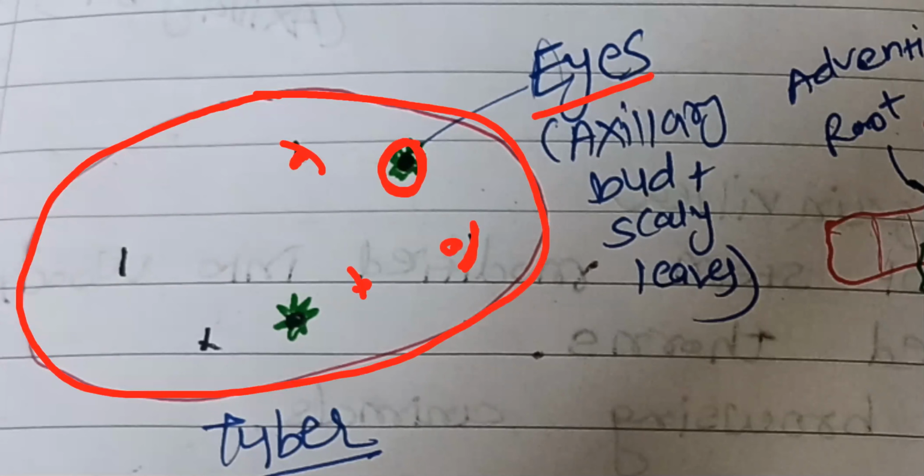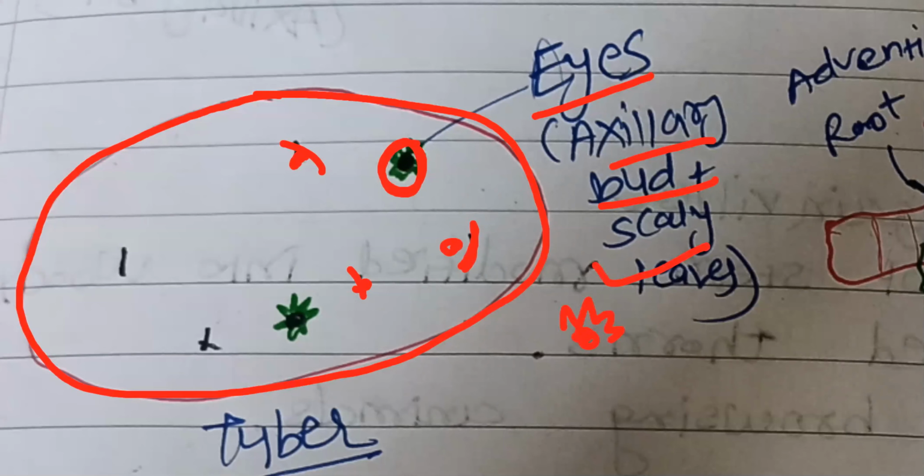They are made up of what? Axillary bud, and this bud is surrounded by, if you see, a papery structure, easily broken, transparent. That papery structure we call scaly leaves, which are not greenish in color. They just give protection to this axillary bud. Green leaves would do photosynthesis.